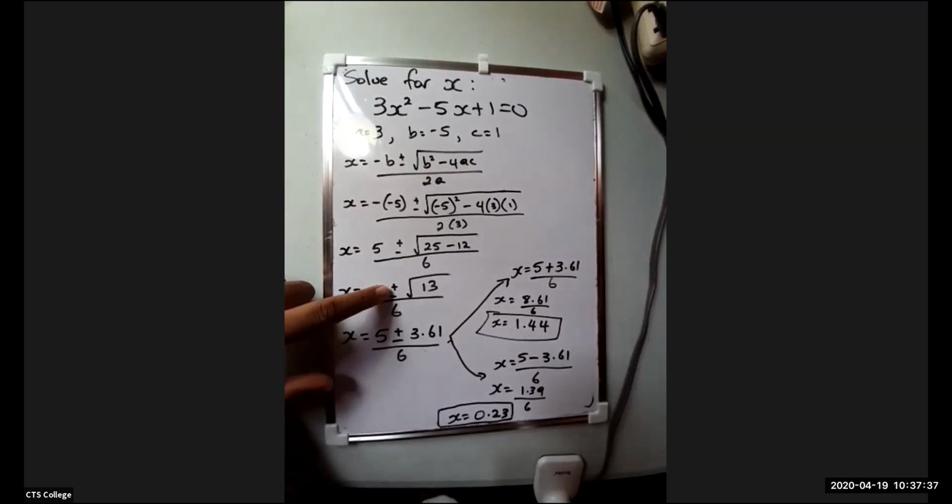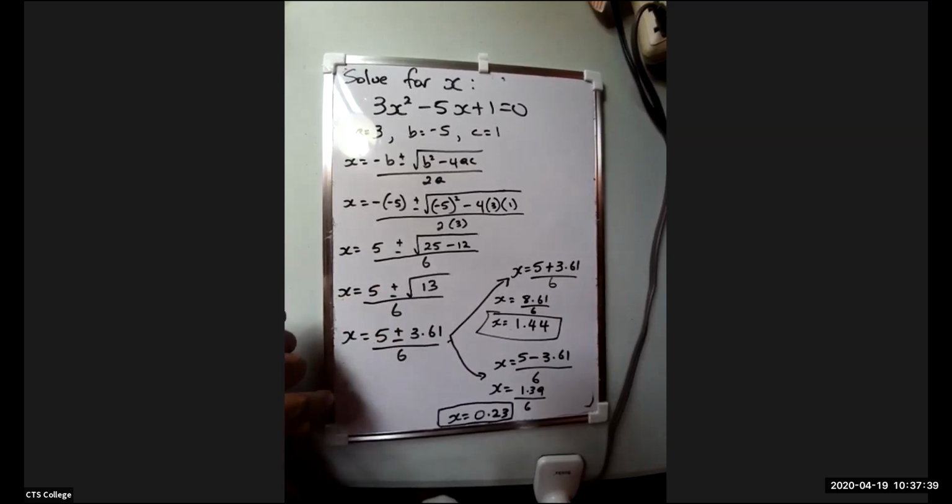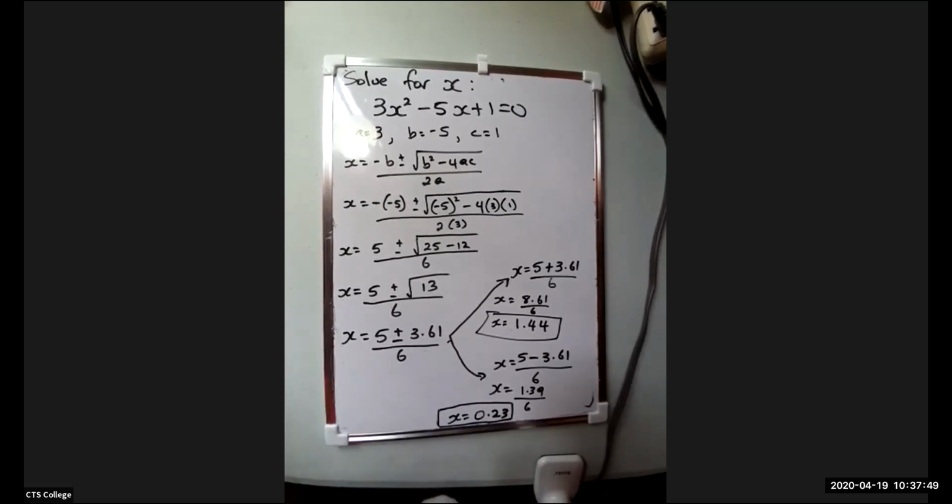I mean 5 plus the square root of 13, divided by 6, and I get a different answer. You do it all in one go and press equals, and yeah, you will get a different answer.